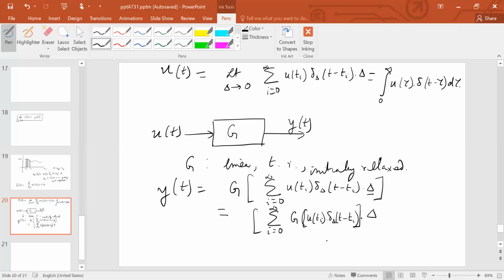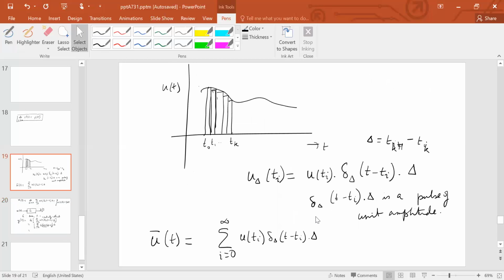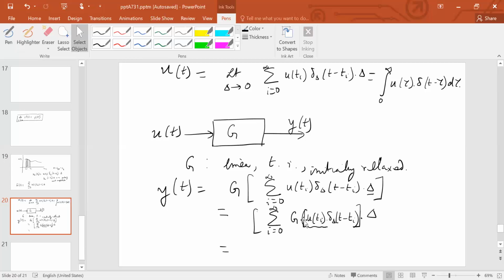What happens next? Look, what about this u of ti? Isn't this also a constant? The way we have drawn this, these are all constants, right? So it's a constant scaling. So we can pull out this u of ti also outside of this bracket.